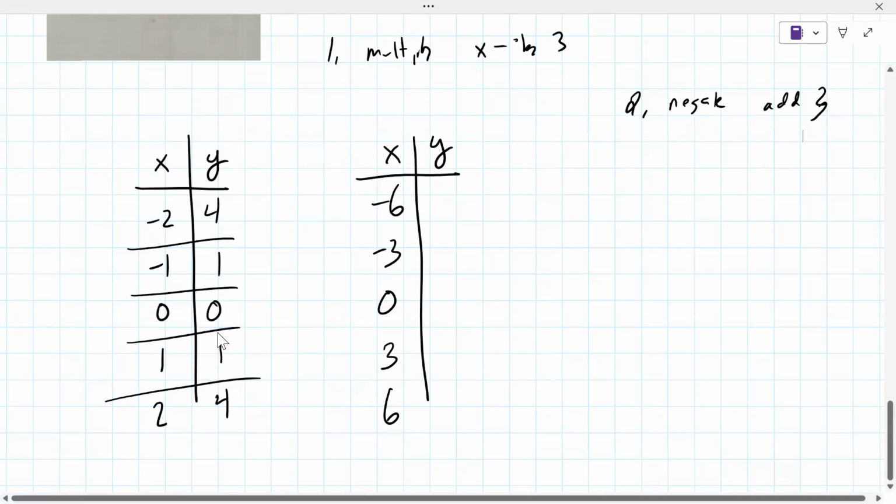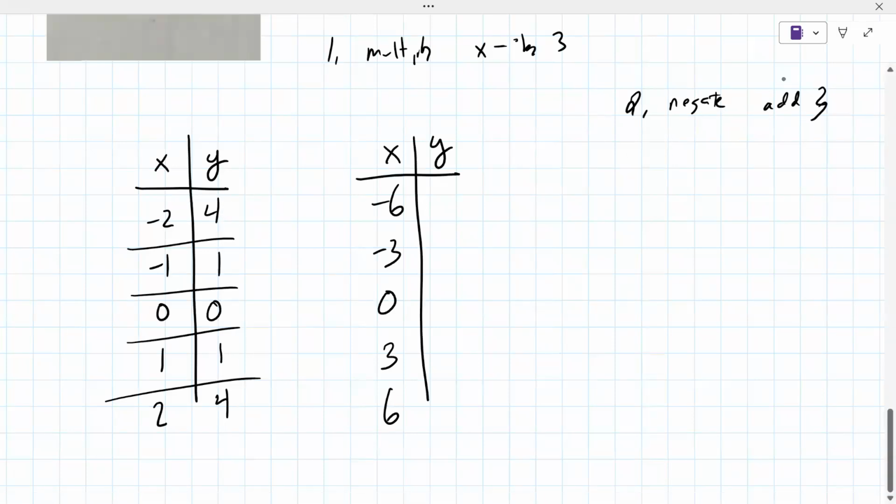You're going to negate each of these y values, then add 3 to it. Negate. What does that mean, negate? It means to make it negative. Change the sign. If it's positive, it goes negative. If it's negative, it goes positive.